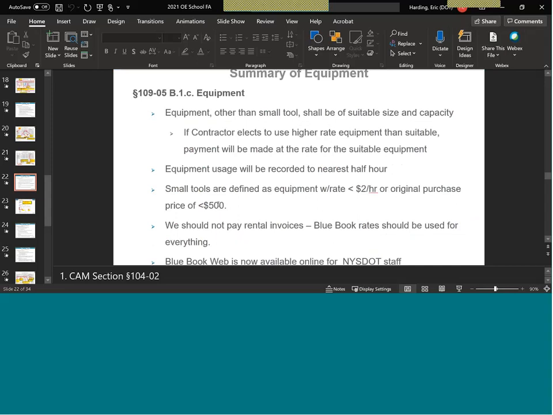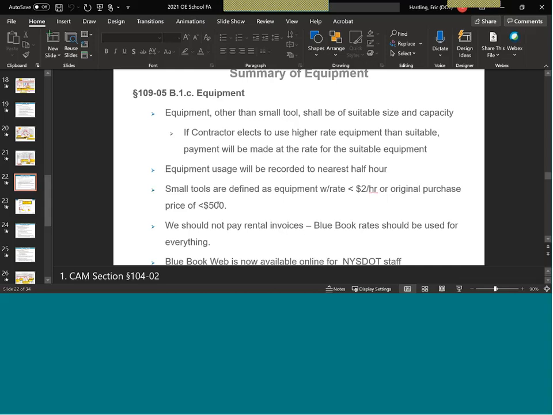So you just have to use your judgment, but it should generally be of suitable size. And if the contractor does elect to use higher rate equipment, then payment will be based on the suitable equipment. There again, you have to factor in the cost of bringing in the suitable equipment in comparison to the higher rate equipment that the contractor already has on site.